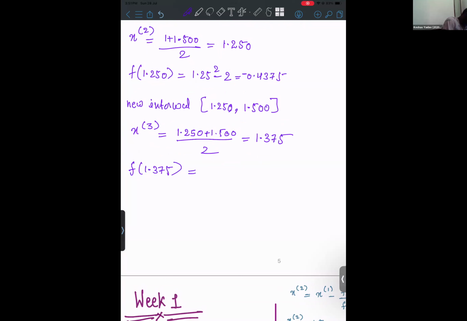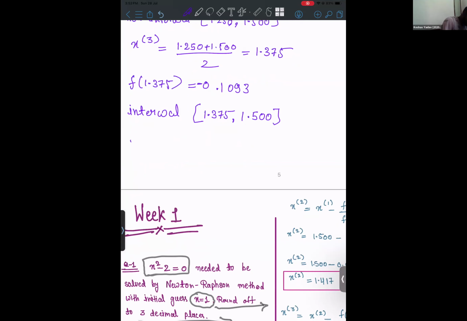You can find its square minus 2, no? So that will be minus 0.93 something. So the new interval will be: the negative one will be replaced, the positive one will be the same, 1.375 comma 1.500.